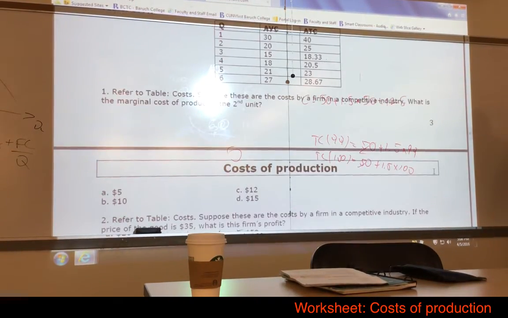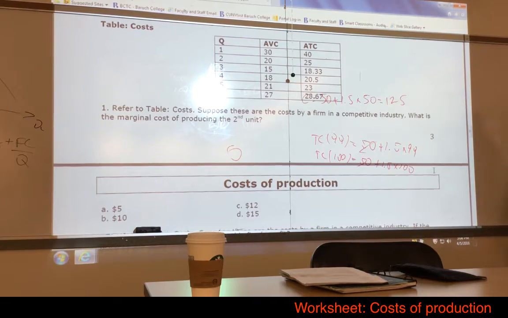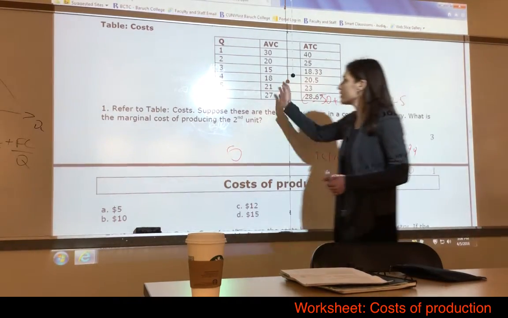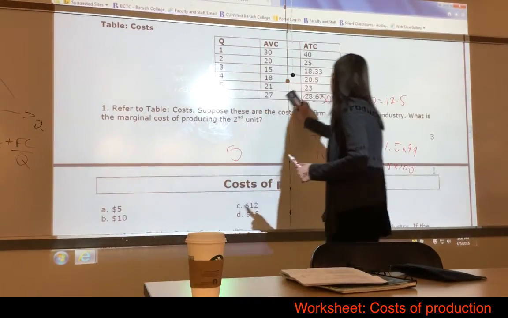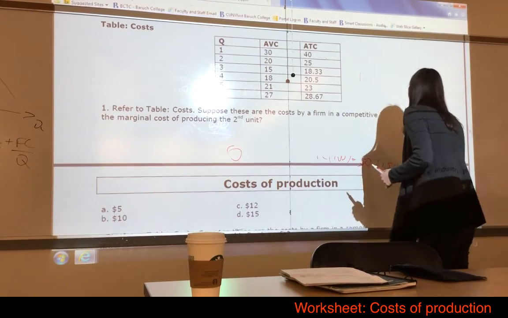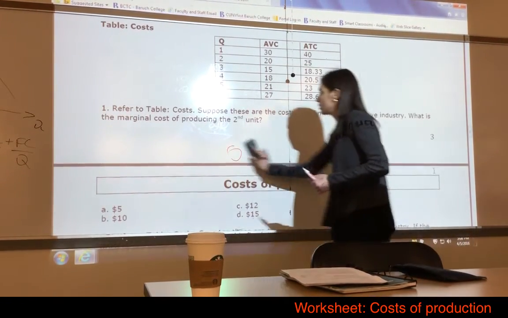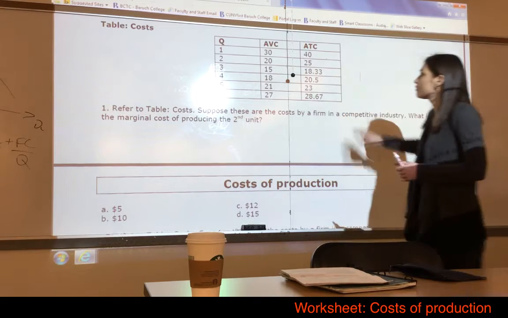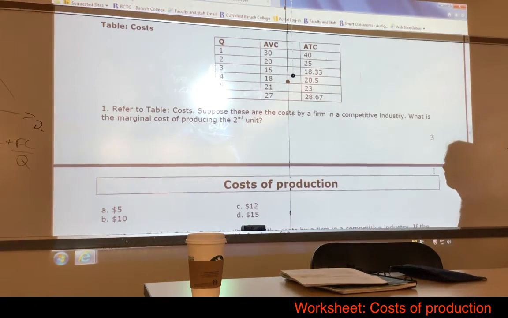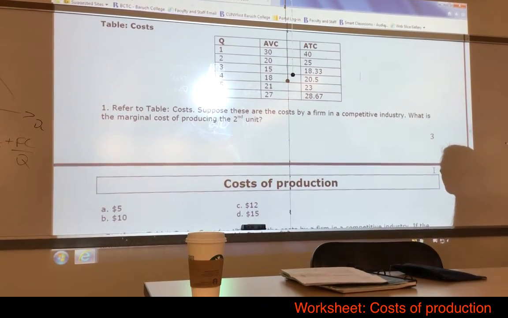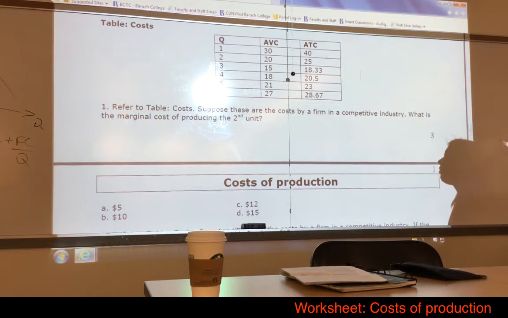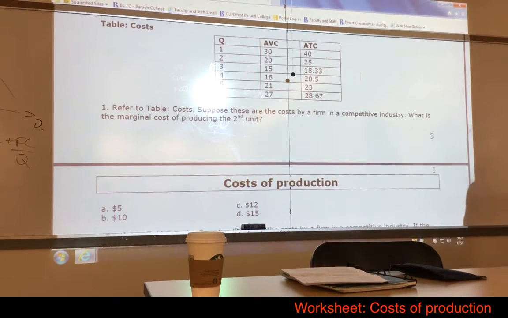Alright. So I have another cost table here. We're given the average variable and the average total cost at different levels of production. Okay, first question is, what is the marginal cost of producing the second unit?